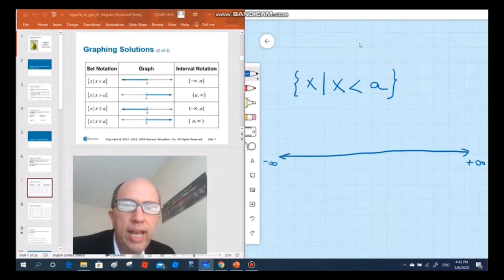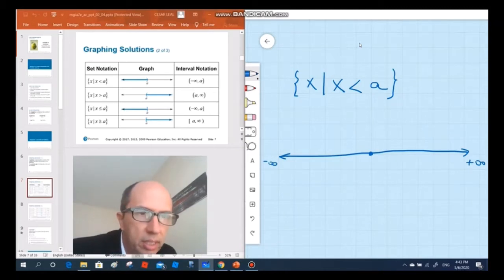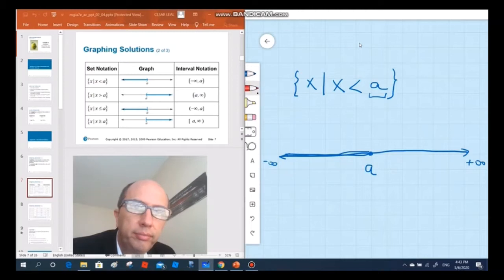So it's an infinity line. And here is the border of the solution. That means this number a here. And if this is less than, you're going to get this side of the line. This side of the line is the solution.